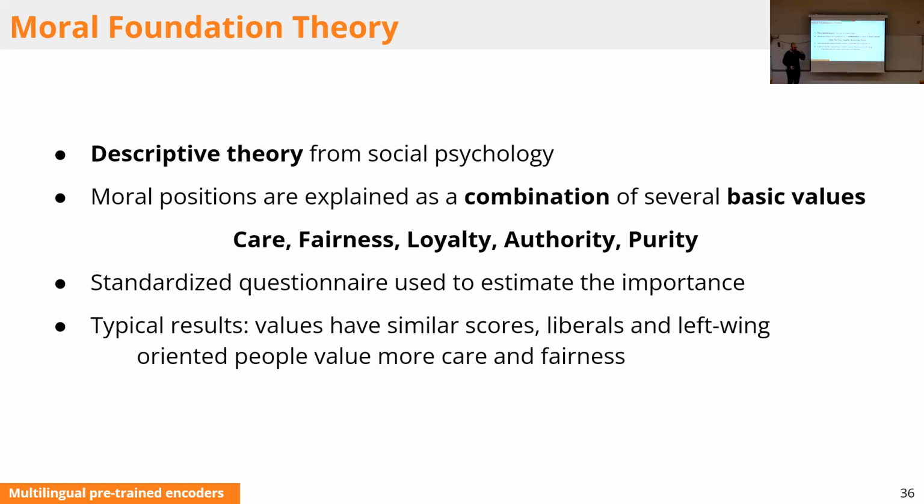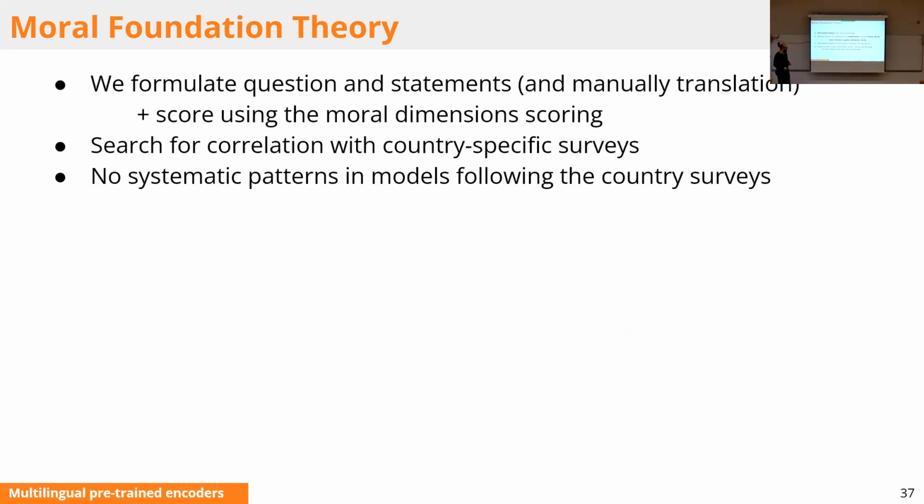Also the advantage of the standardized questionnaire is that there exist representative surveys in most of the languages that we worked with, and the results of these representative surveys are typically that all the 5 values have similar scores, as you will see later. In China, they put more emphasis on loyalty and authority, and liberals and left-wing oriented people value care and fairness more compared to the other 3 values.